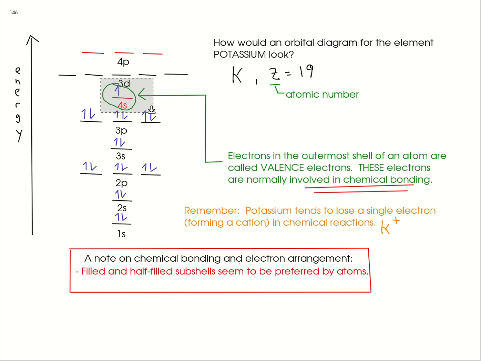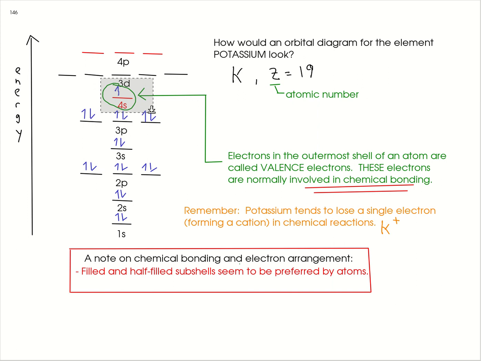Now, if you remember what we know about potassium, we know that potassium's a metal. And if you look in the periodic table and use the rules of thumb we learned in the earlier part of the course, if I said, what charge would a potassium ion take? Well, potassium is atomic number 19.